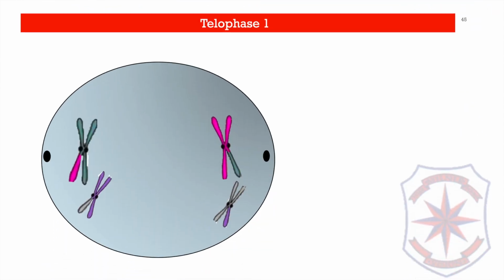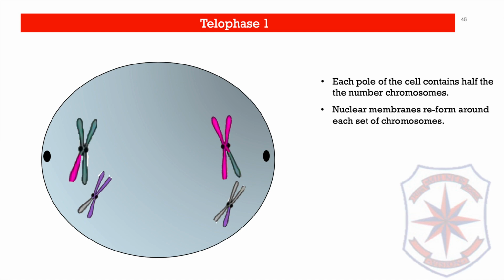The last phase of anaphase 1, of meiosis 1, we end up having half the number of chromosomes on the left pole and half the number of chromosomes on the right pole. That's where we ended with anaphase 1. So here, what's going to happen? Each pole of the cell contains half the number of chromosomes.